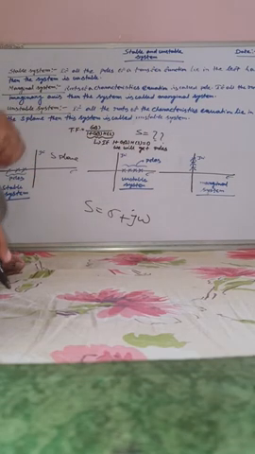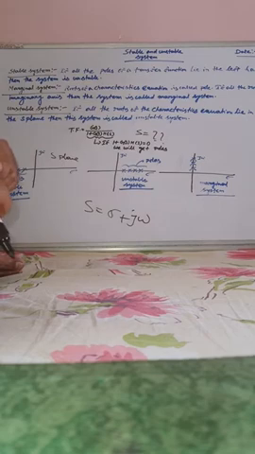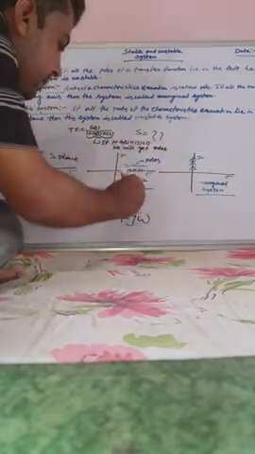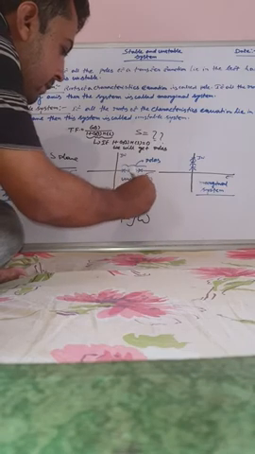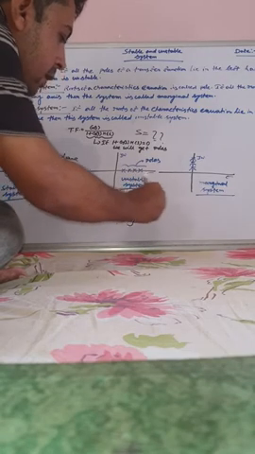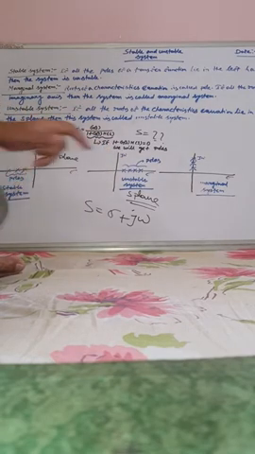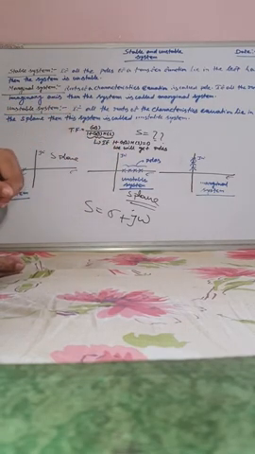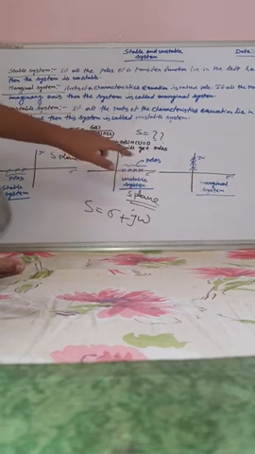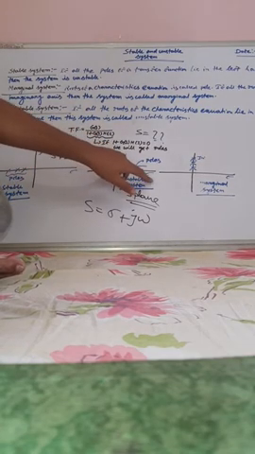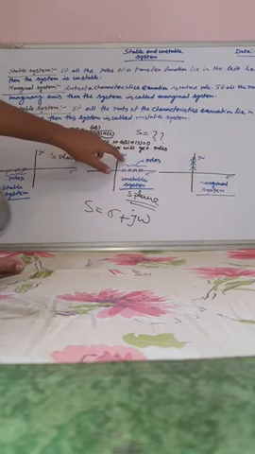If all the poles lie within the right half of the s plane, so this is sigma and this is the j omega axis. This is the x-axis, this is the y-axis. The x-axis is for the pure real domain, the y-axis is for the imaginary domain.